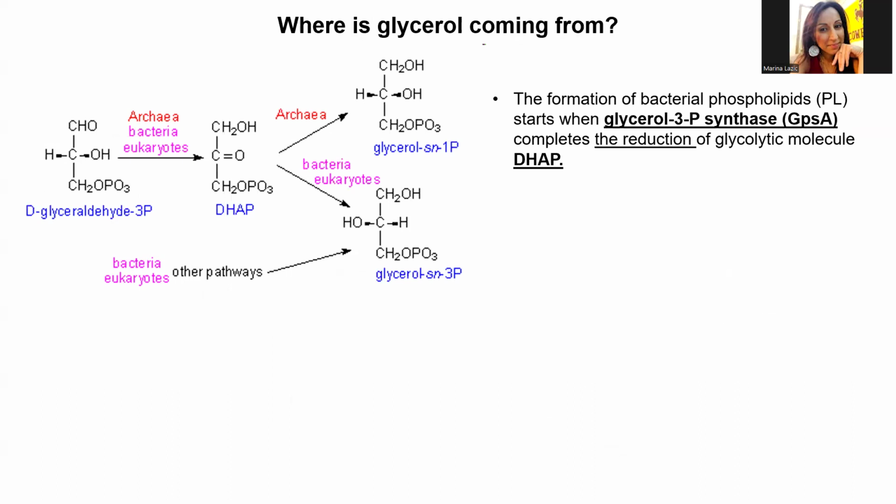If we're talking about internal or de novo production of glycerol for phospholipid biosynthesis, the cell needs to have a synthase, which is this GPSA synthase, and that synthase is going to complete the reduction of the glycolytic molecule DHAP, or dihydroxyacetone phosphate.